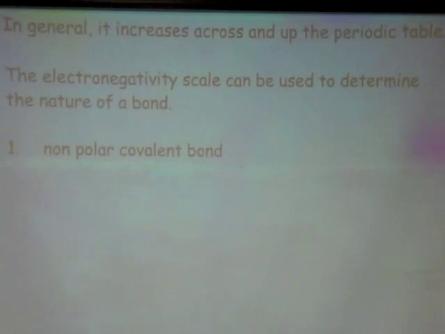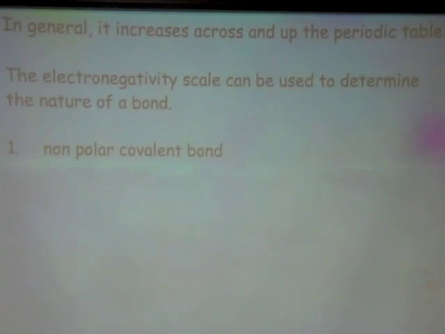There's a positive pole, there's a negative pole to the bond, meaning that one end of the bond, one of the atoms of the bond is positively charged, the other atom that's participating in the bond is negatively charged.